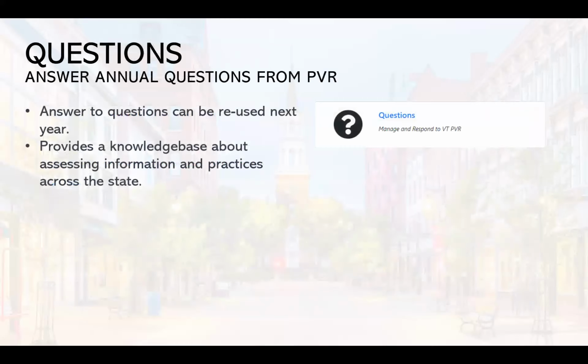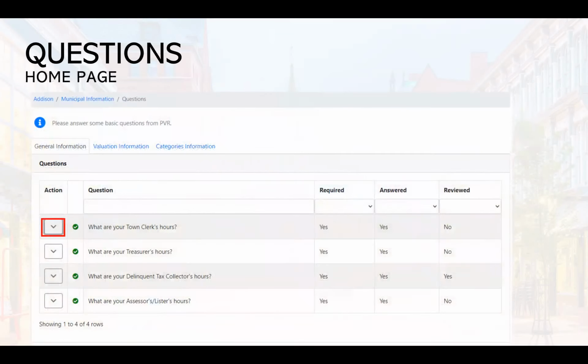So the next piece are questions. The answers to your questions can be reused each year, and this is meant to just provide a knowledge base about your municipality. Taking a look inside of the questions module, we have our list of questions, and again, 21 questions.